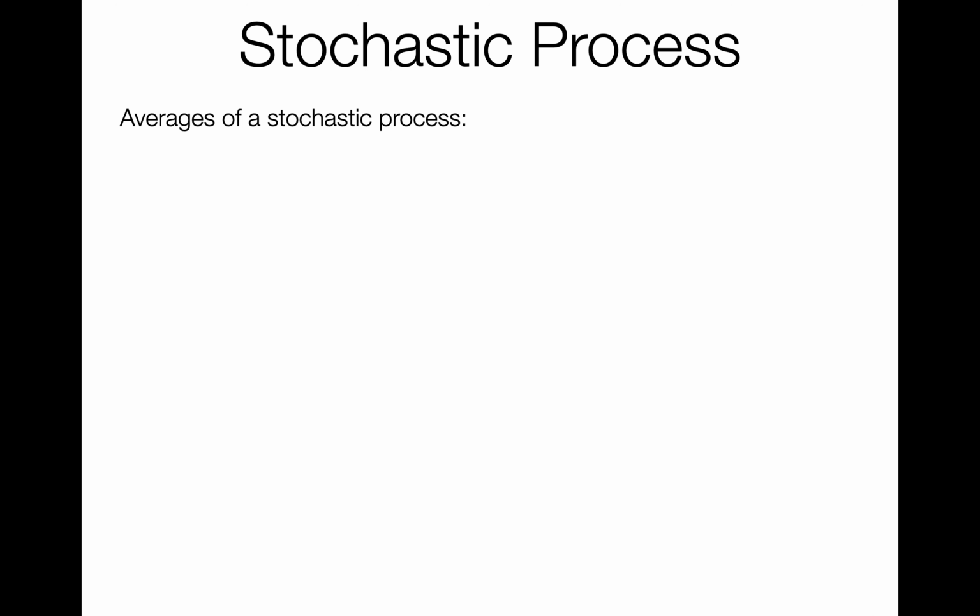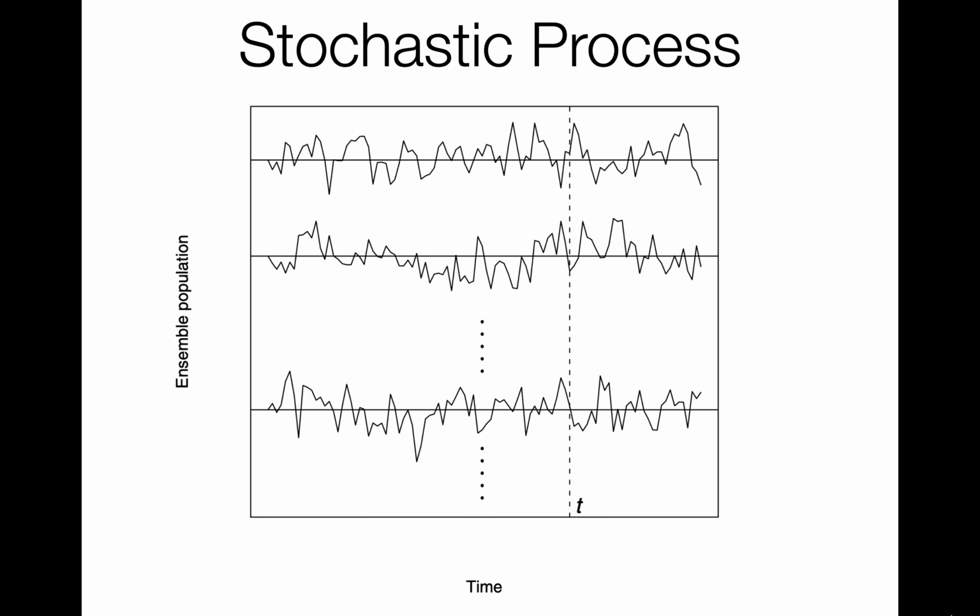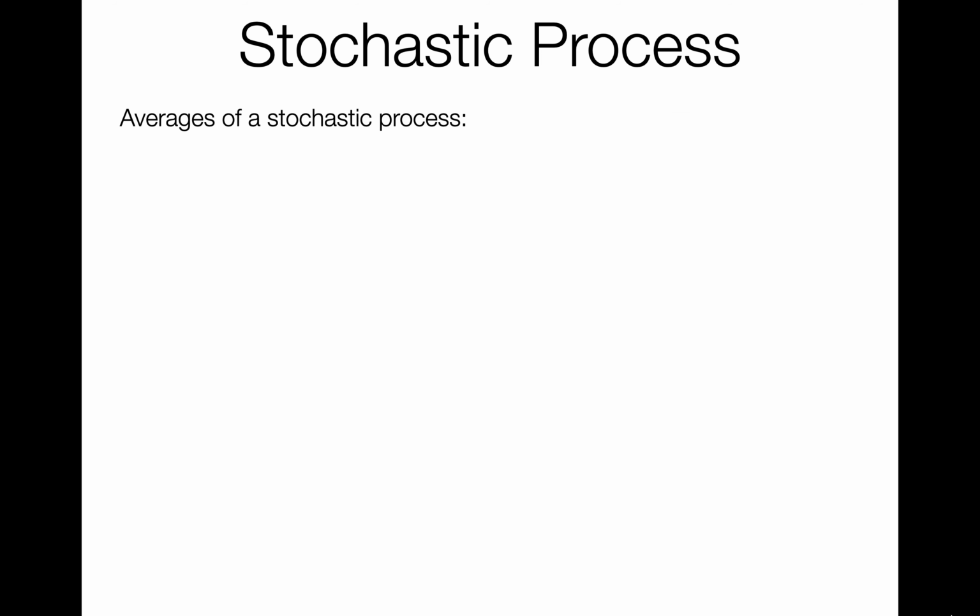So we have a two-dimensional problem, as I mentioned not long before. If I go back here, we've got the ensemble as a dimension, and then each individual realization as a dimension. And that leads us to having two different kinds of averages.